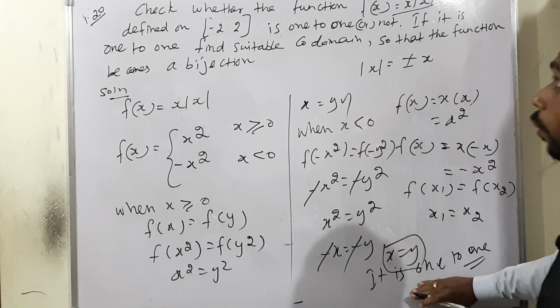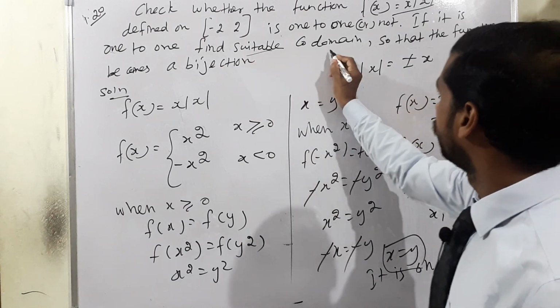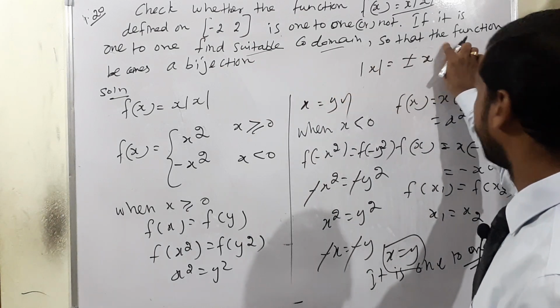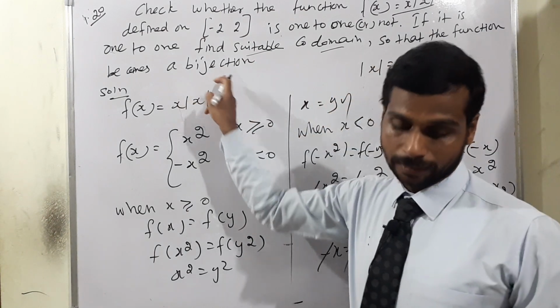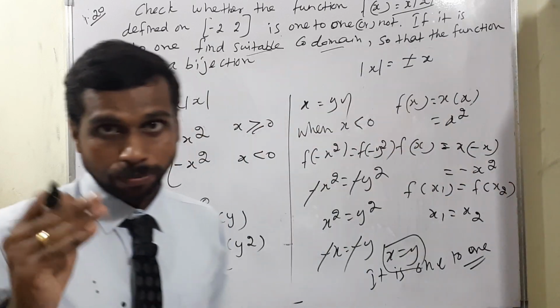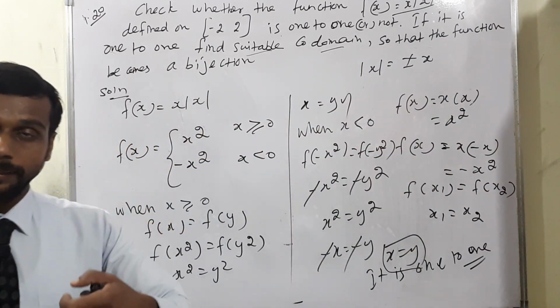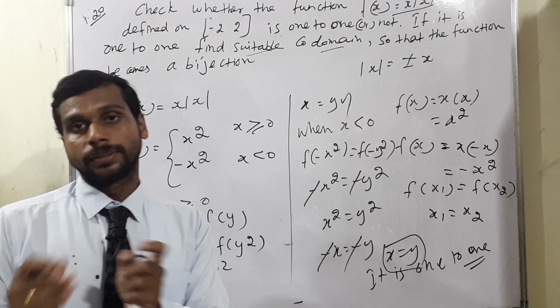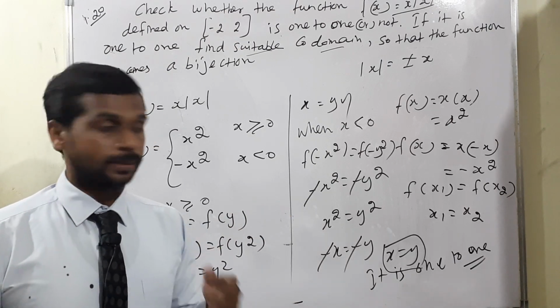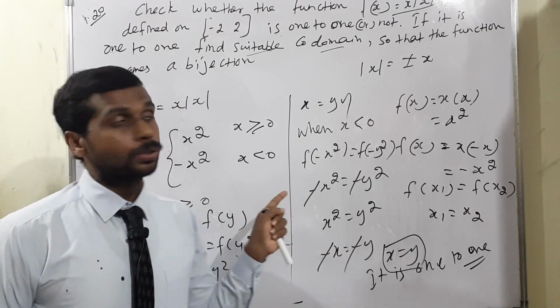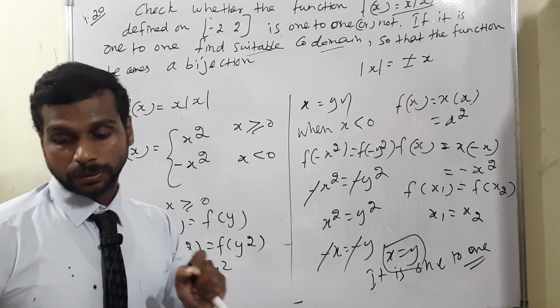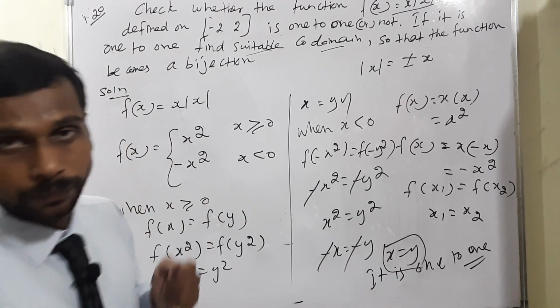After getting one-to-one, then find a suitable codomain so that the function is a bijection. Already you know the meaning of bijection: if you have the result one-to-one and onto, we can say it is a bijection. So one-to-one is clear. I am moving to find out the onto function. Already you know, the last question also we applied this.